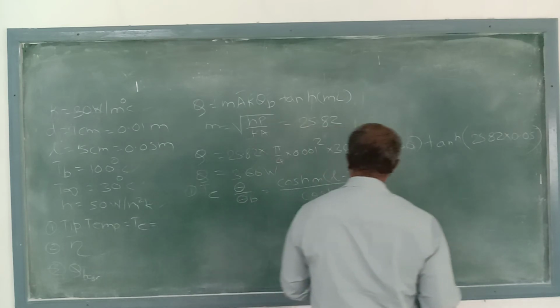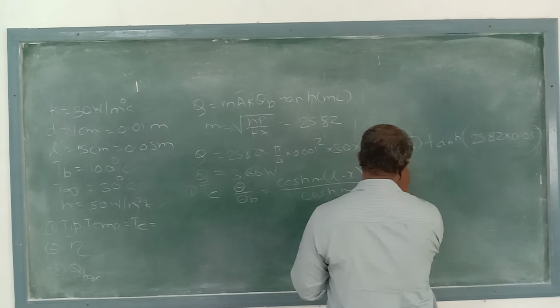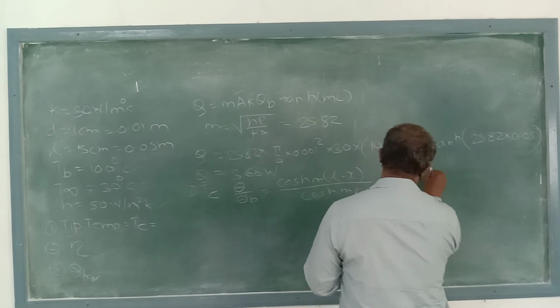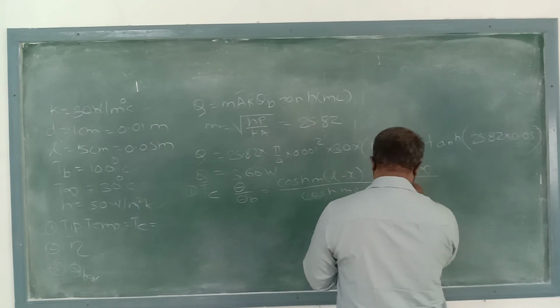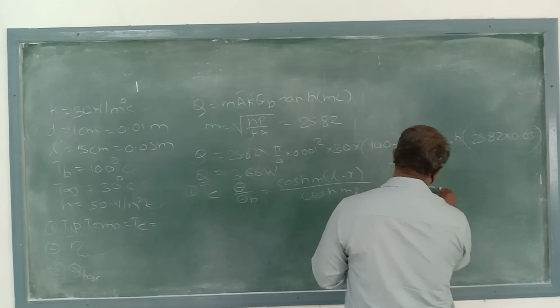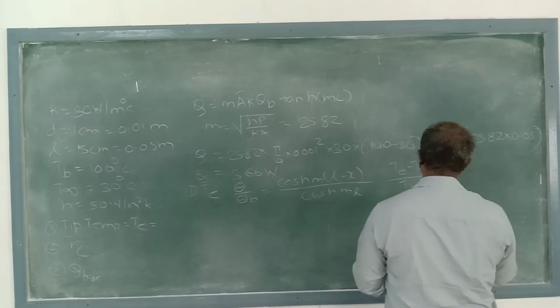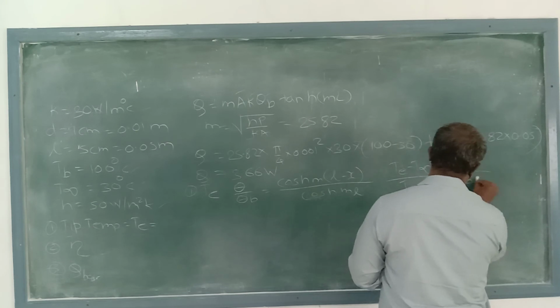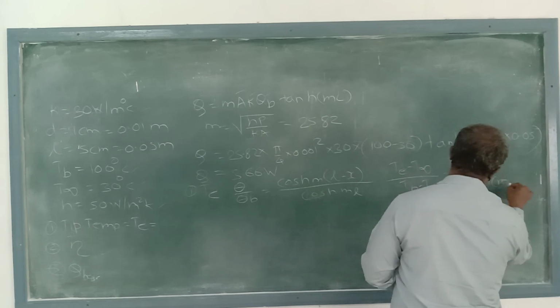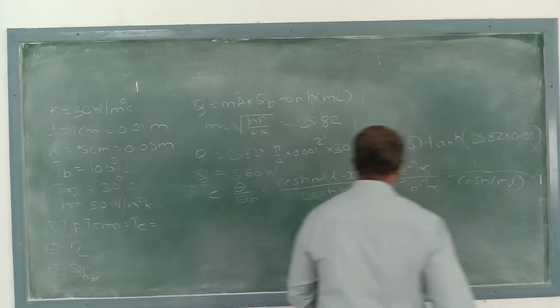We modify this formula: (T minus T infinity) upon (Tb minus T infinity), as x is equal to L, equals 1 upon cos hyperbolic of ml.